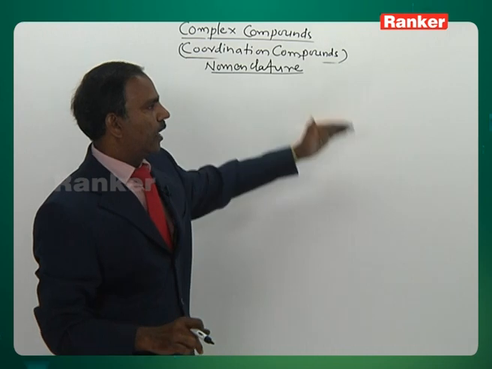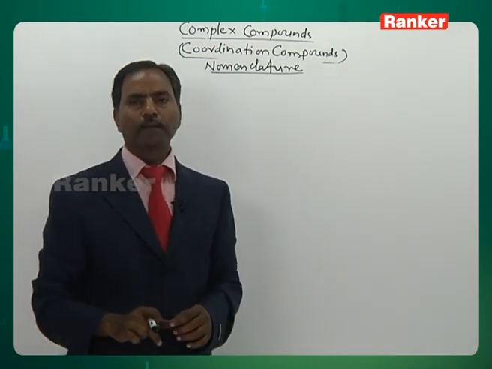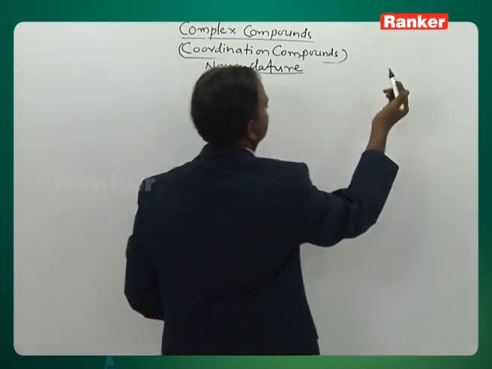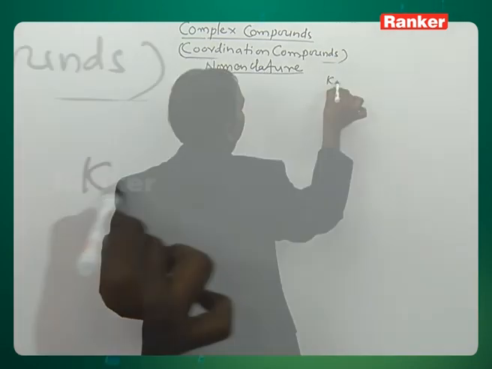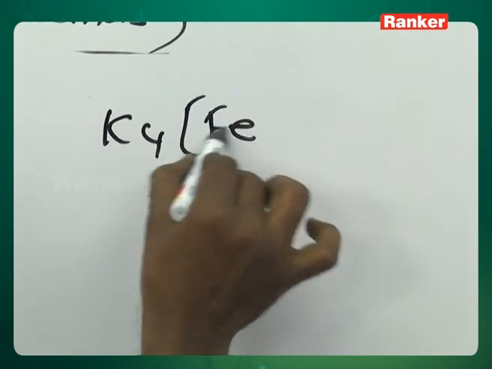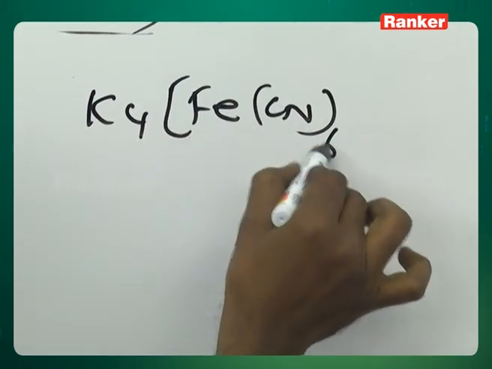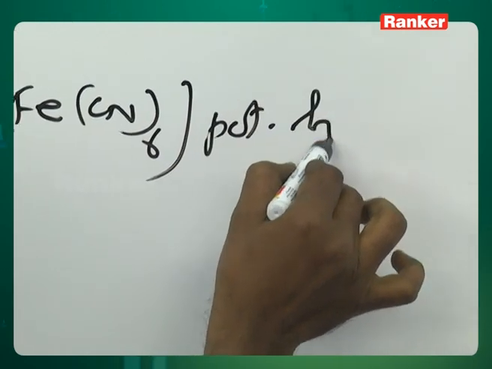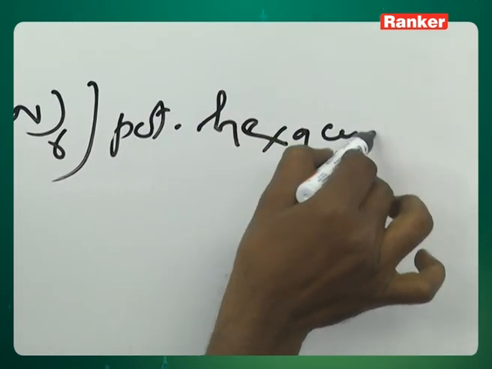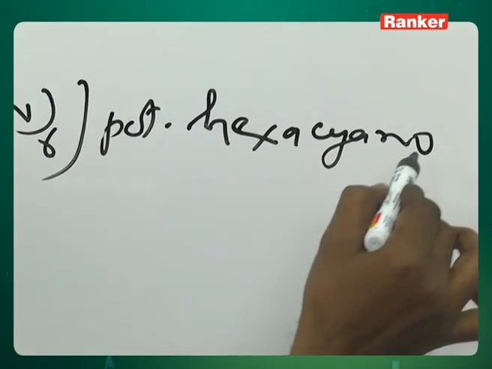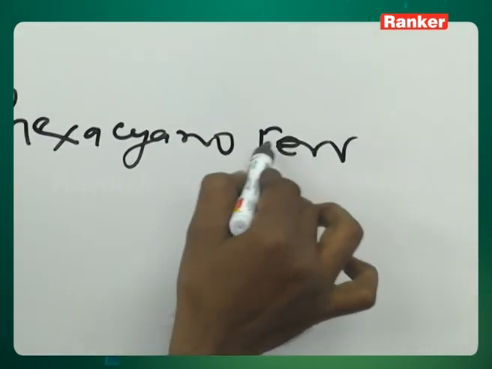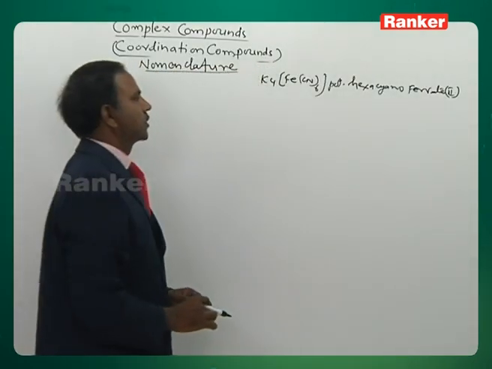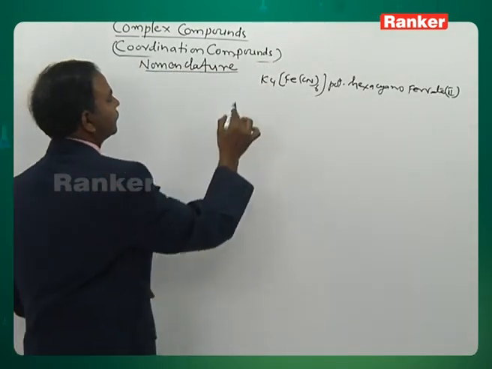So first I write at least 10, 12 complexes on the board, and I will also give the names of those complexes. Now, K4[Fe(CN)6], potassium hexacyanoferrate(II).